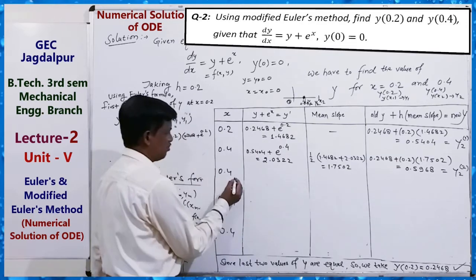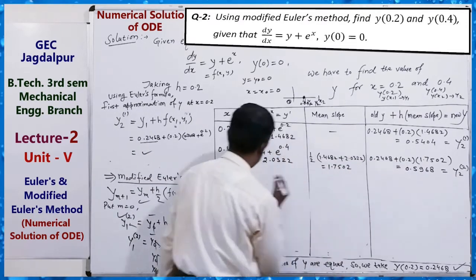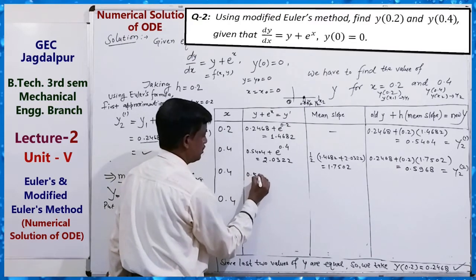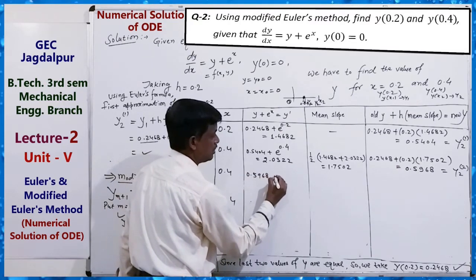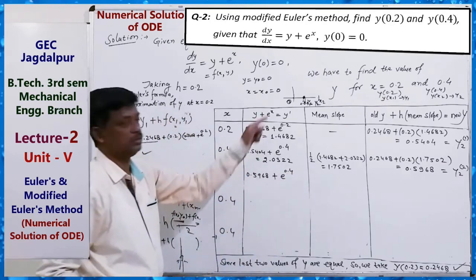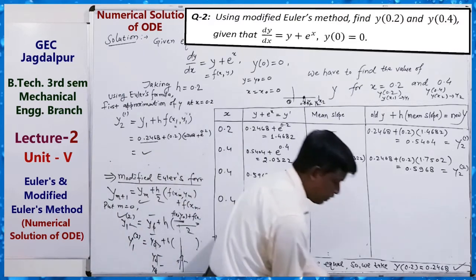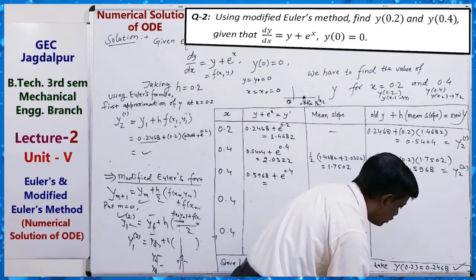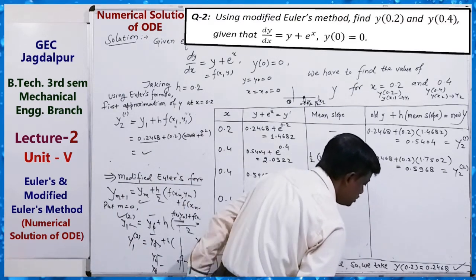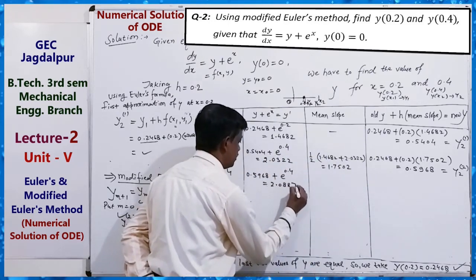Now the same process here. Previous y, just take this 0.5968 plus e to the power 0.4. This is the previous slope. This can be solved. Just use a calculator, okay? 2.0887.